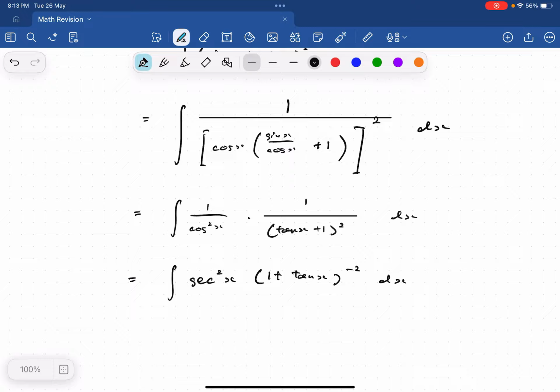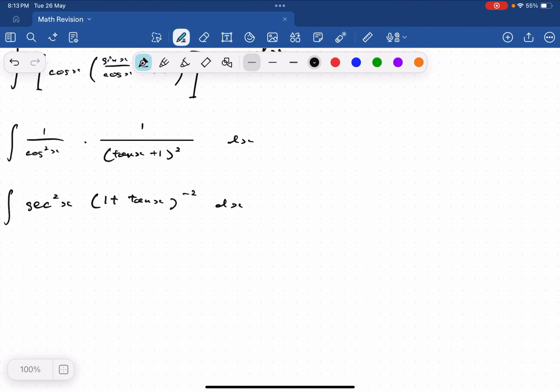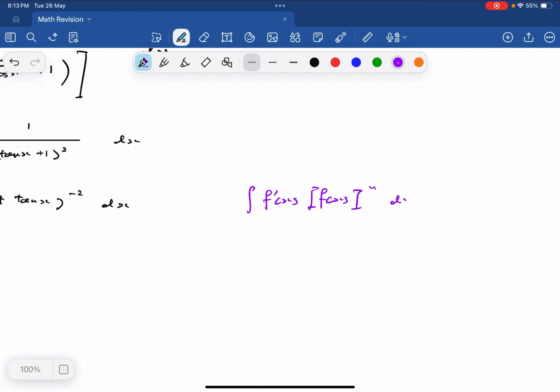So do you see that this is actually one of our standard forms that we are familiar with? Because in this case, this is my f prime x, this is my f x to the power n. Okay, wait, I don't think it's clear to you. When I have the integral of f prime x, f x to the power n, you remember one of our favorite standard forms.